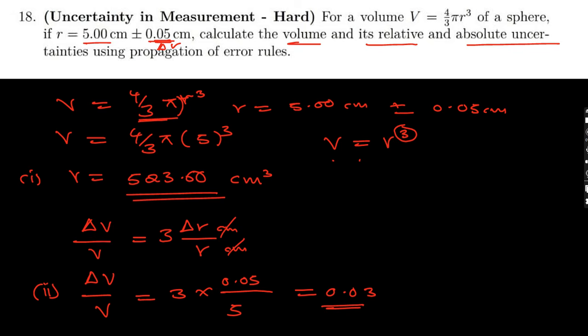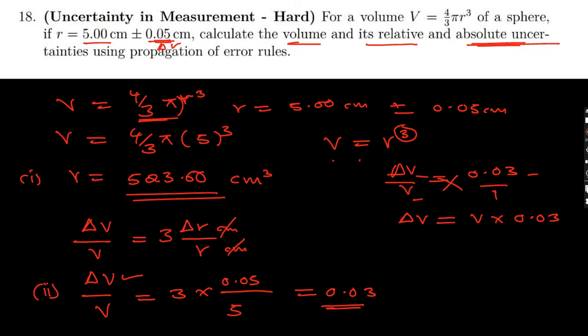Now what is the absolute uncertainty? The absolute uncertainty is the part on the top. Since we have our relative uncertainty, delta V over V, to be 0.03, to find delta V we cross multiply. Delta V is V multiplied by 0.03.